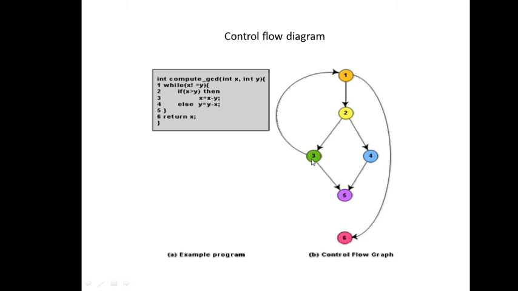A new node is introduced. Another path is 1, 2, 4, 5, 1 and 6. So we have altogether 3 linear independent paths in this control flow graph. Understood? 1 and 6 is a distinct path. 1, 2, 3, 5, 1 and 6. 1, 2, 4, 5, 1 and 6. So 3 linear independent paths. So the task becomes simple.